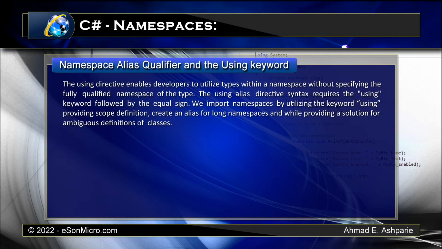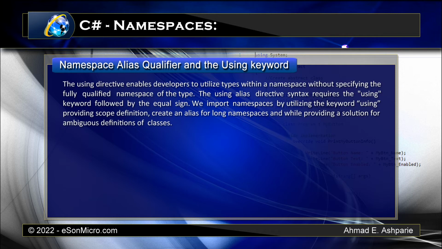Namespace alias qualifier and the using keyword. The using directive enables developers to utilize types within a namespace without specifying the fully qualified namespace of the type. The using alias directive syntax requires the using keyword followed by the equal sign.